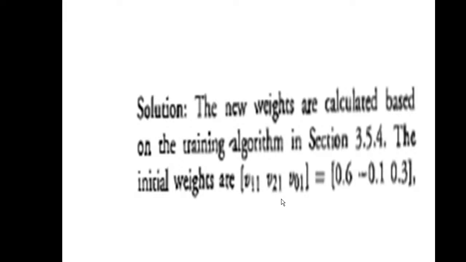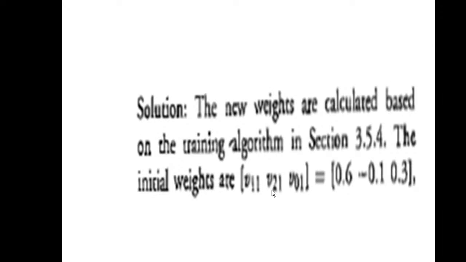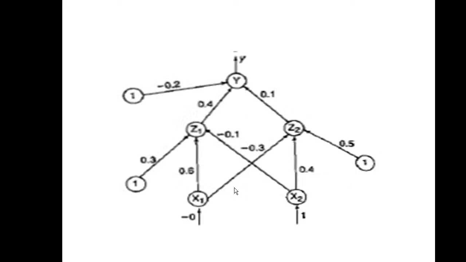If we see the diagram, the weights between the input and the hidden layer you must treat with the notation V. So 0.6 is V11.